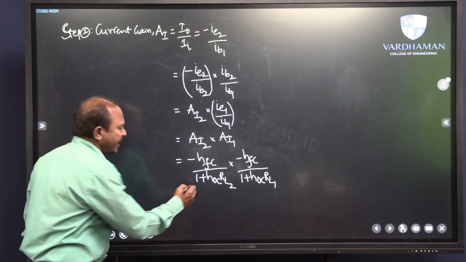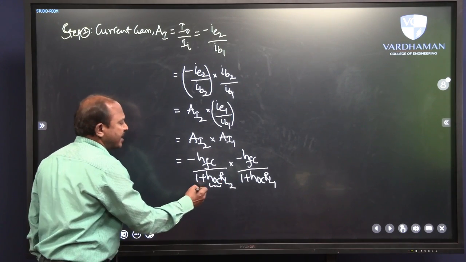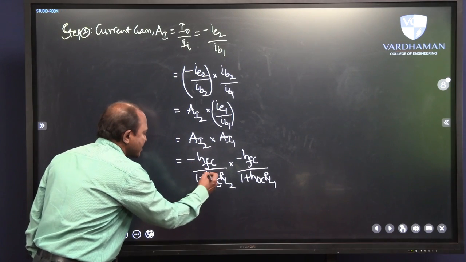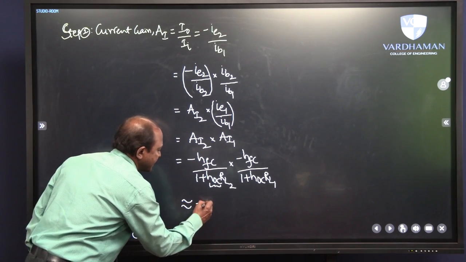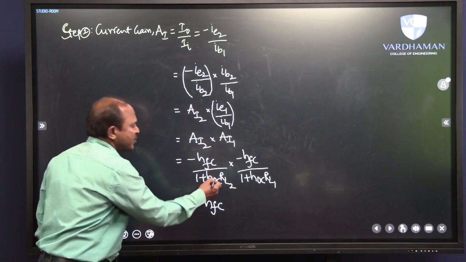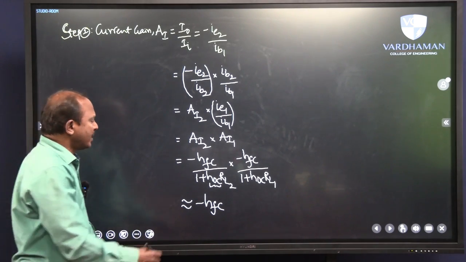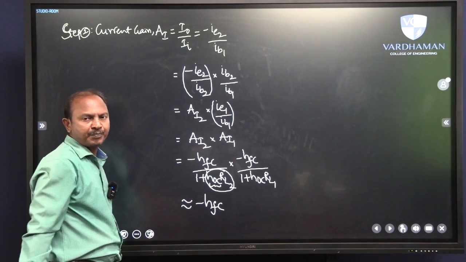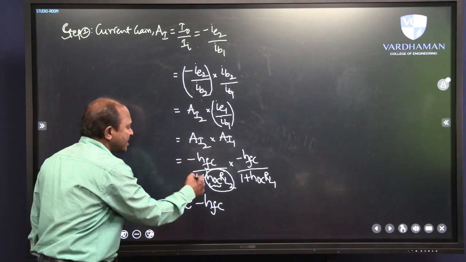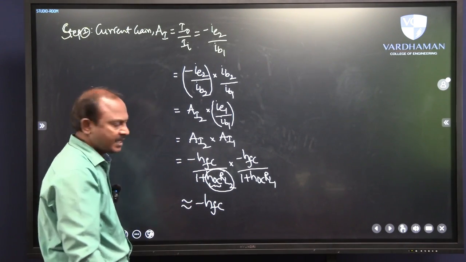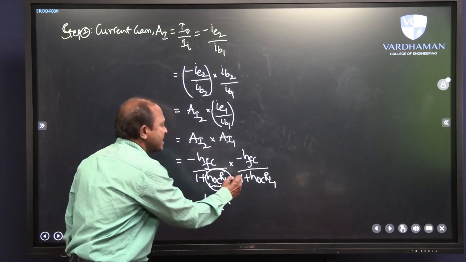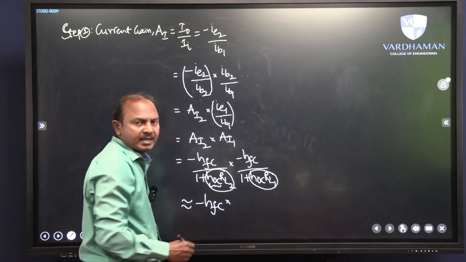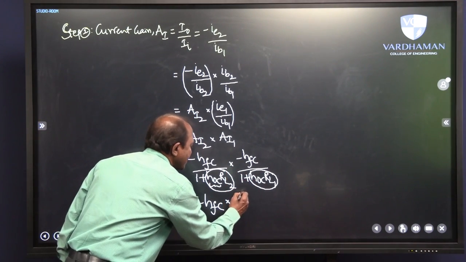However, we know hoc is very small when compared with the value of 1. We can approximate the first term as just minus hfc. hoc is close to 0. Therefore, this term hoc RL2 is much less than 1. As a result, this first term can be approximated to minus hfc. Similarly, in the second term also, hoc into RL1 is much smaller than 1. Then we can approximate the second term also equal to minus hfc.